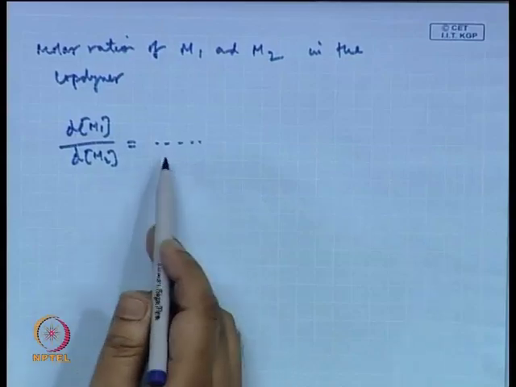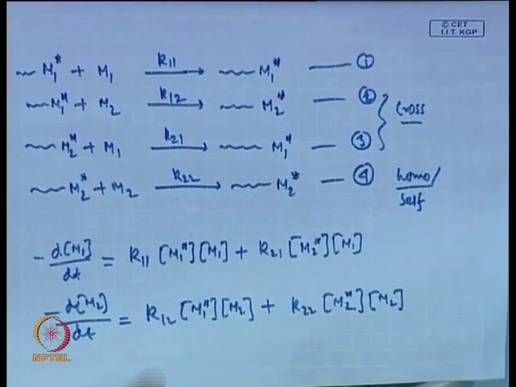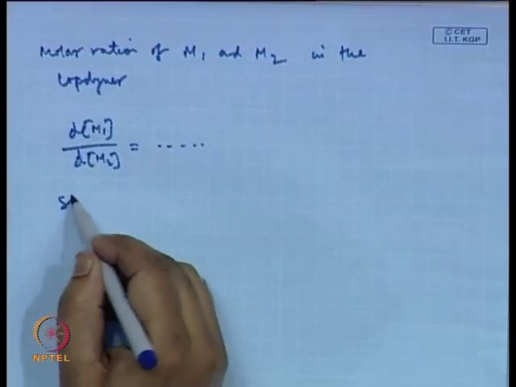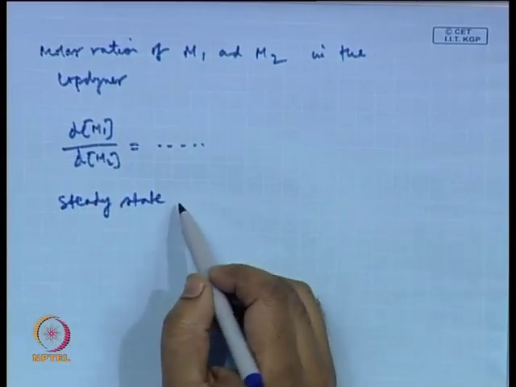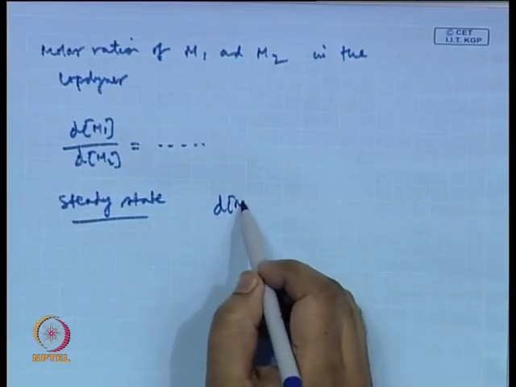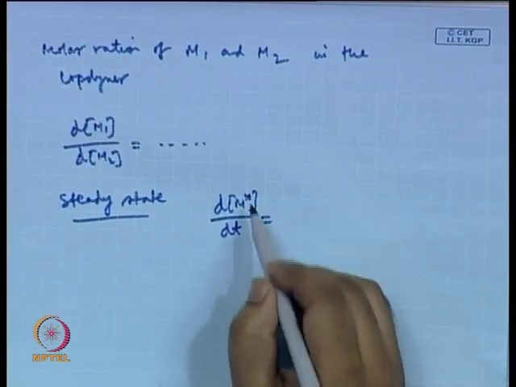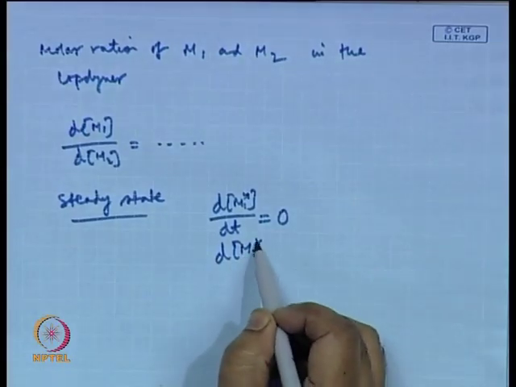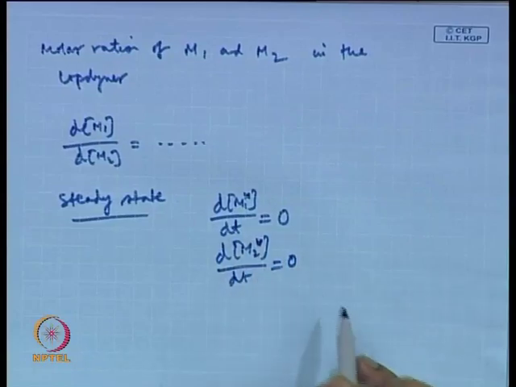So, you can write the rest of the things from the two expressions we got in the last one. Now, we can apply the steady state, where the rate of change of M1 star is 0, like we discussed in the case of our chain polymerization.